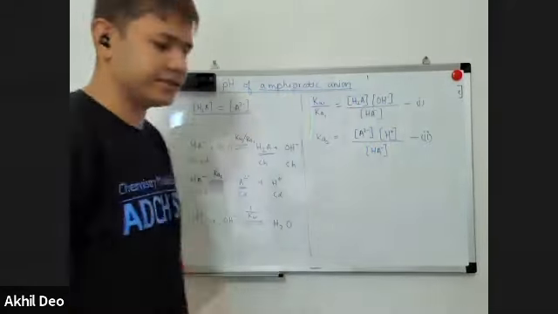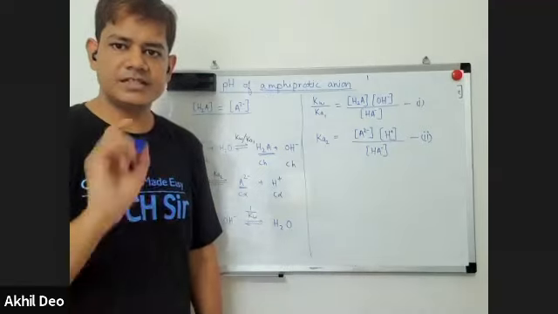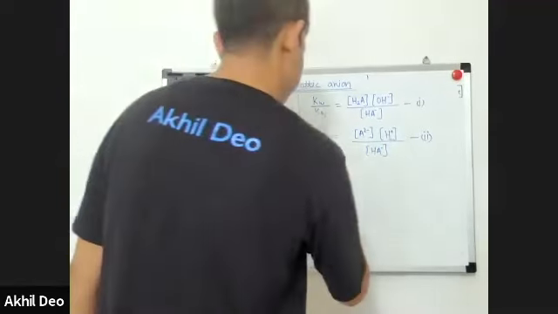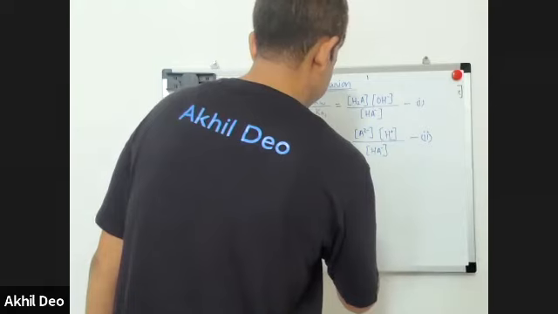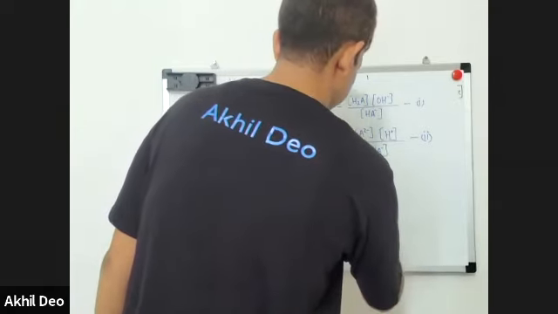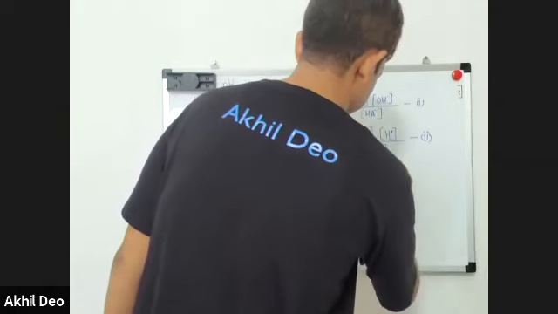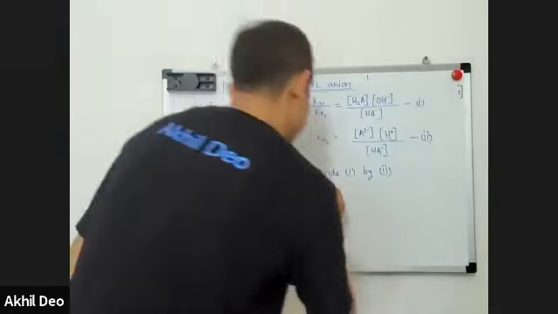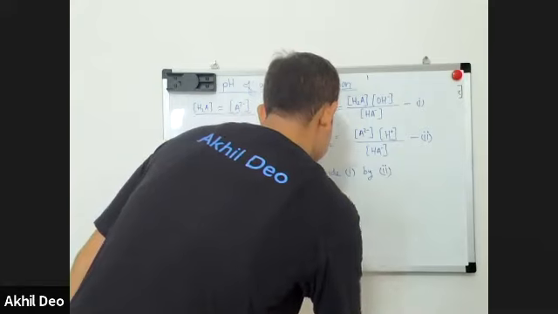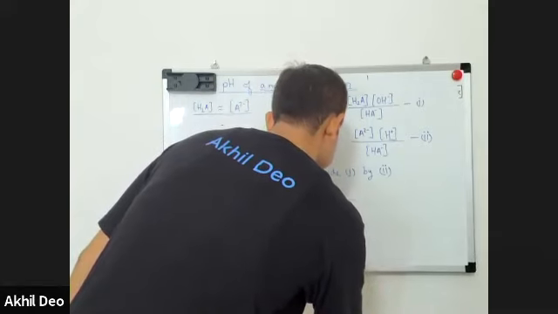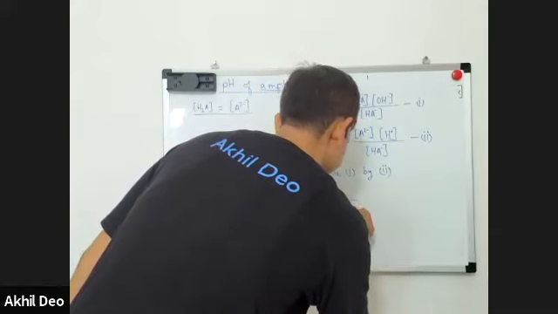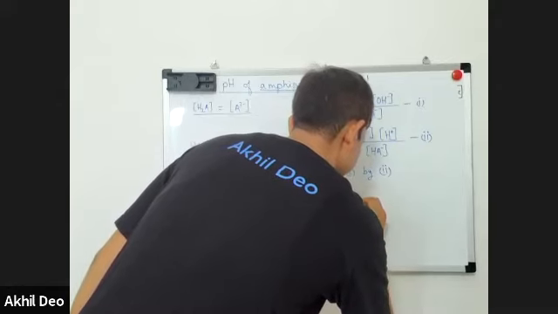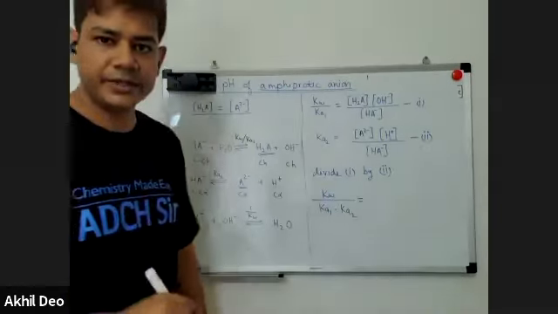Now let us divide equation 1 by 2. On the left hand side we get Kw upon K1 into K2.